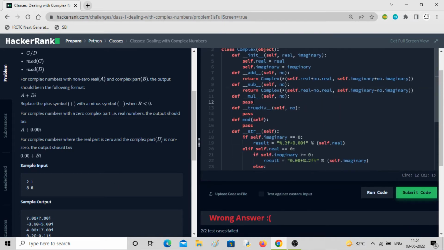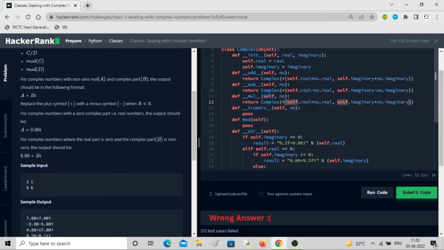Now we'll do the multiplication. Let me copy it. In the multiplication part there are four terms: real with real, real with imaginary, imaginary with real, and imaginary with imaginary.